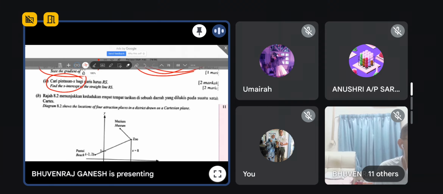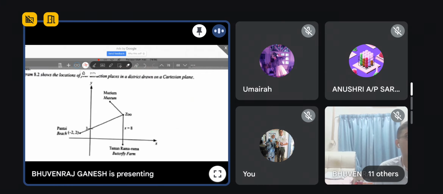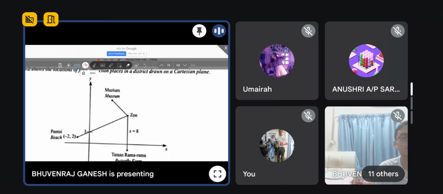Okay, guys, so how am I going to find the coordinate of the zoo? Macam mana saya boleh cari coordinate zoo? Which gradient you will find? Which line? Can you be specific? Kita kena cari kecerunan garis mana, guys?